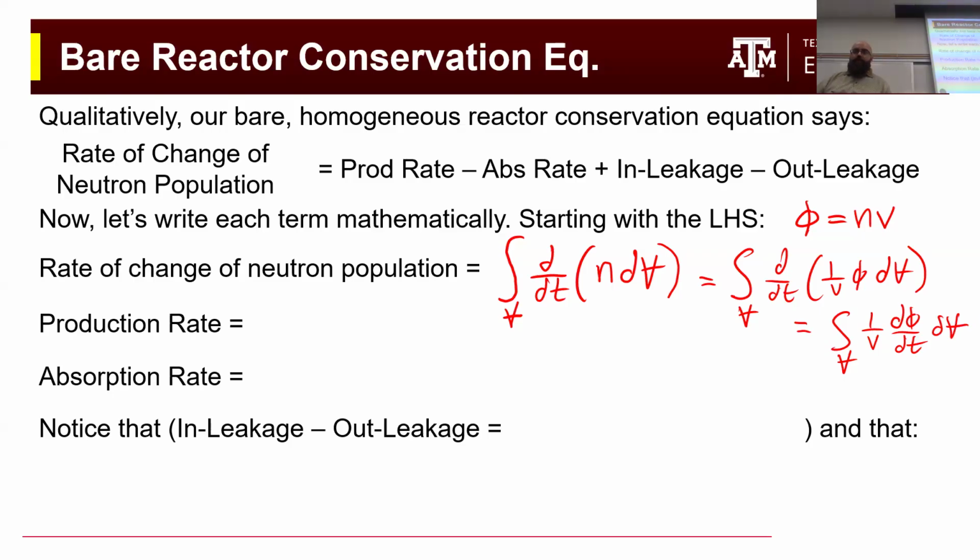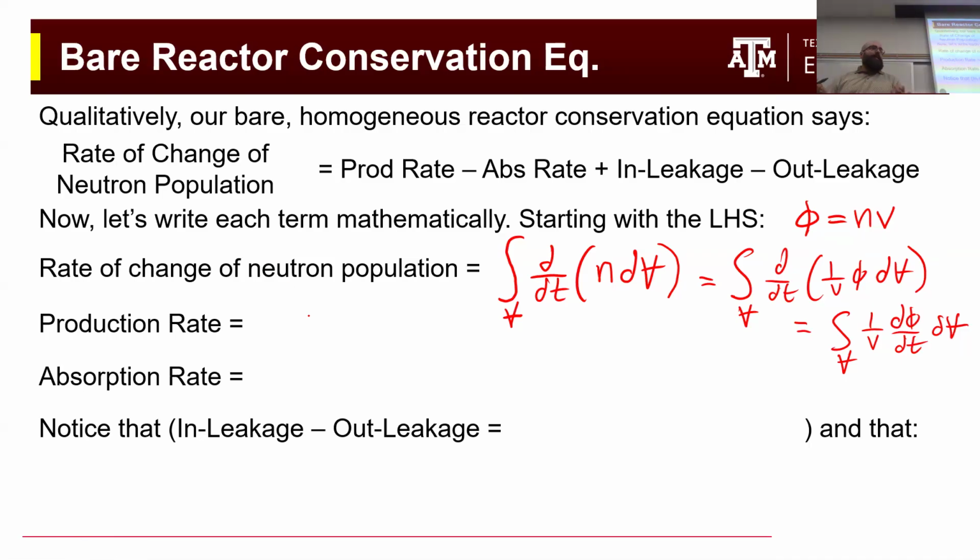Hopefully that makes sense, even though I might have confused us a little bit. The 1 over v comes out of the differential with respect to time. The differential volume also comes out of the differential. So all that's left inside of the time derivative is phi. So I have d phi dt, I have a 1 over v factor, and I have the differential volume factor.